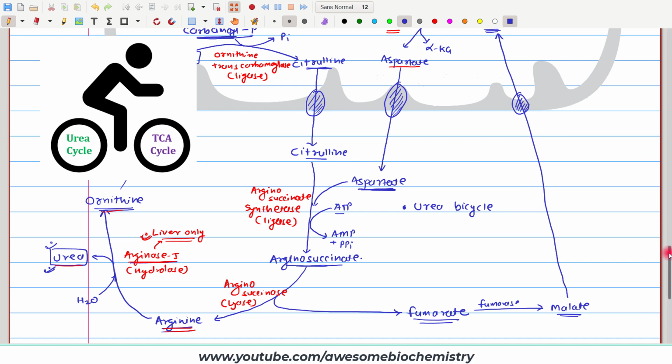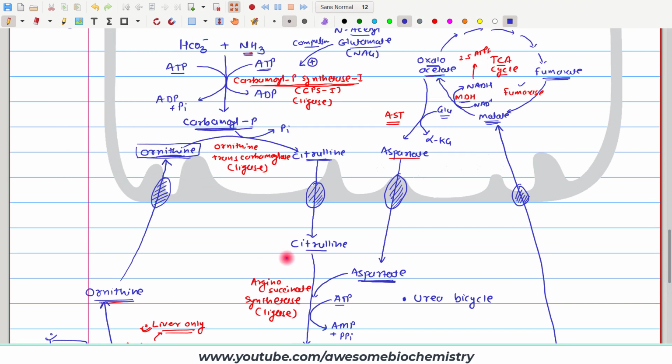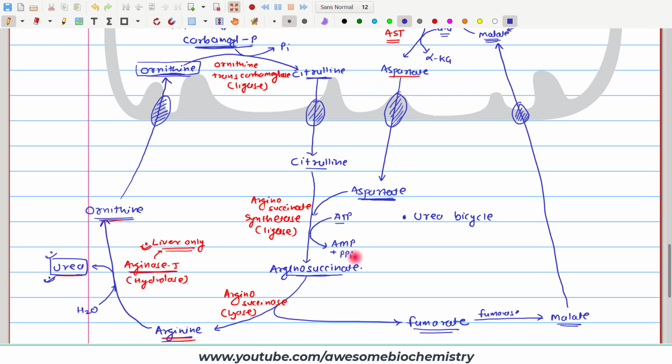Why? Because here the two cycles are connected, as we can see that aspartate is shunted from the TCA cycle to here, and arginosuccinate is being shunted from the urea cycle to the TCA cycle. So because of that reason, this particular connecting link is also called the aspartate arginosuccinate shunt.